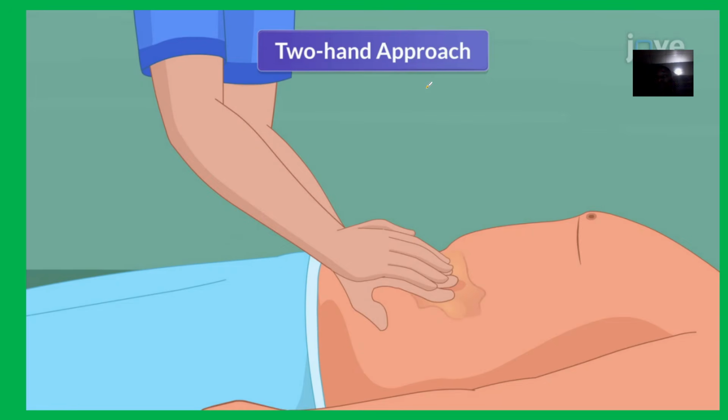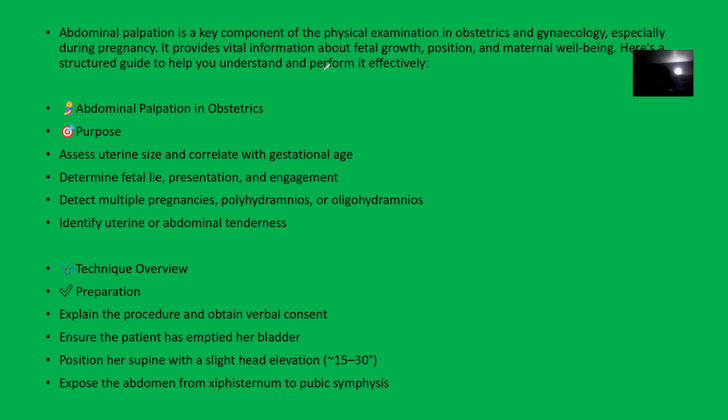All right, so either the two-hand approach or the one-hand approach. So it's a very important aspect of physical examination in obstetrics and gynecology, especially during pregnancy. So it will give you quality information about how the baby is doing, okay, about how the baby is positioned, okay, about how the mother is doing.